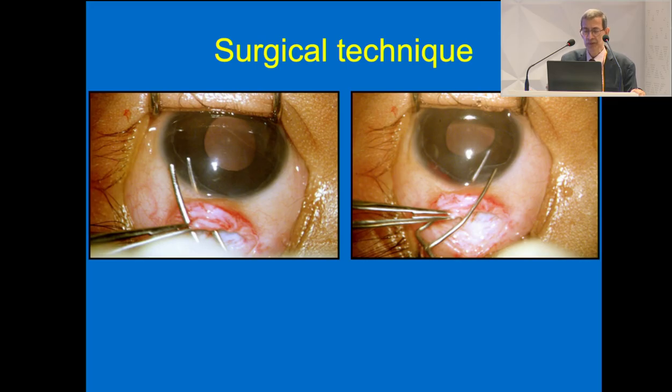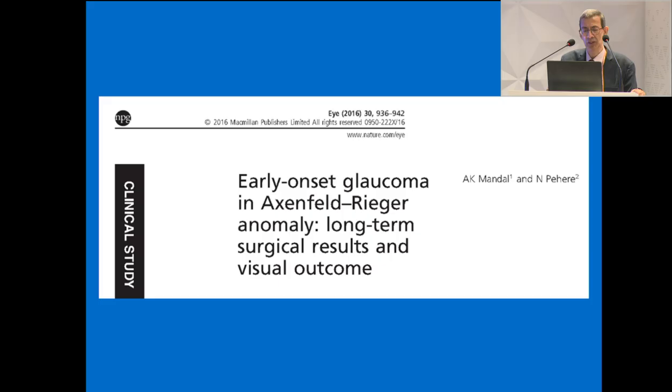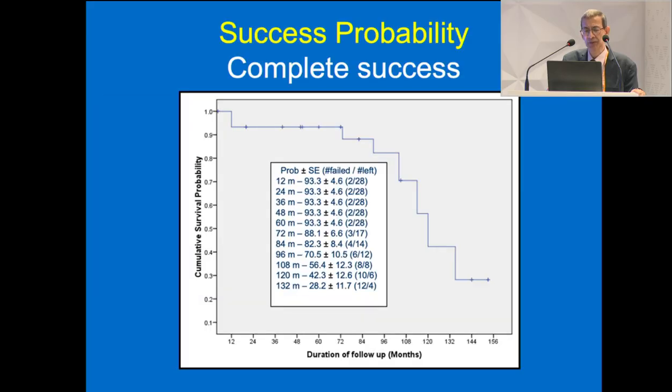Here is the situation: trabeculotomy done on either side, then the trabeculectomy part, iridectomy, and then closure of the conjunctival and Tenon layer. We reported long ago, in the year 2016, a series of 44 eyes of 24 consecutive patients in the first 20 years of my work at the L.V. Prasad Eye Institute. Till about 5 years, the success rate was about 93%.